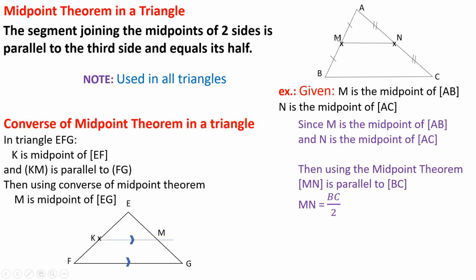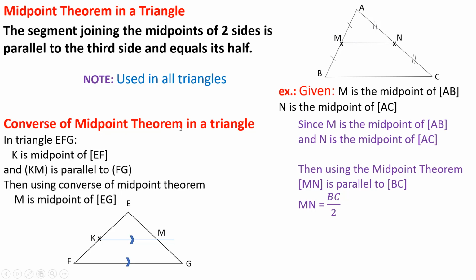M is the midpoint of segment AB and N is the midpoint of segment AC by given. Then the line joining the 2 midpoints, which is MN, will be parallel to the third side. So MN will be parallel to BC. Not only this, MN will be equal to BC over 2. So this is the midpoint theorem.